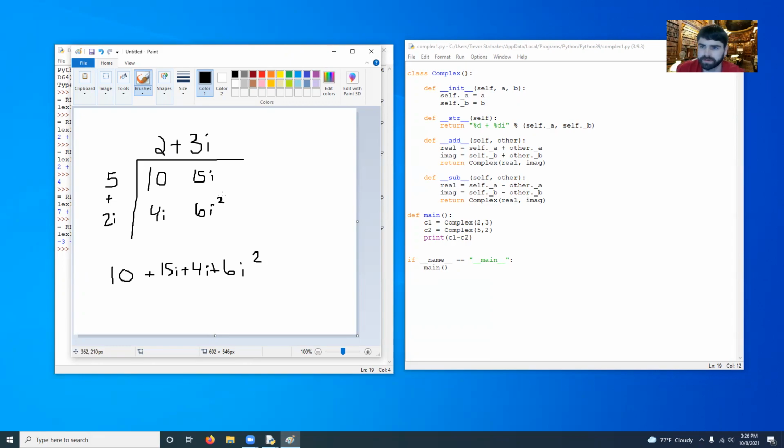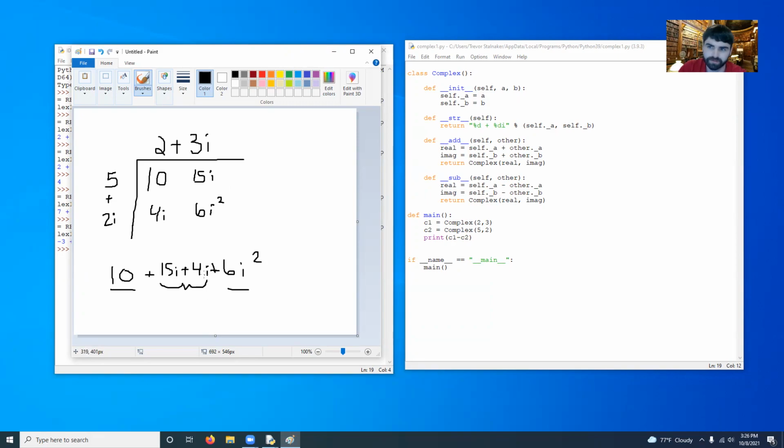Is the algorithm starting to come clear? It's okay. We'll run through it if it isn't. So here we multiplied both the real parts. Here we multiplied both the imaginary parts. And here we multiplied the first a with the second b.